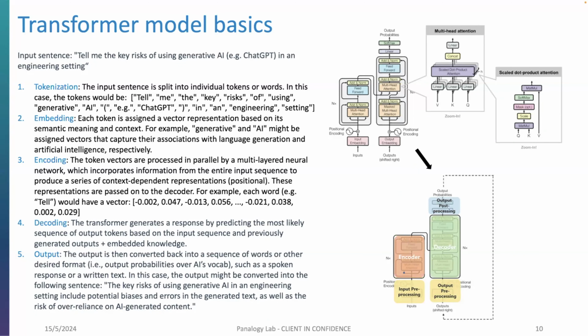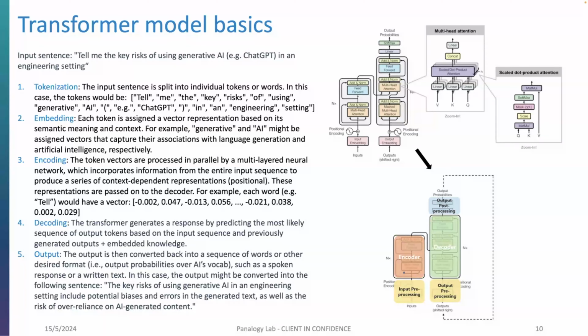And then we pass that over to the decoding step, which is basically just generating this response: what's the most likely or highest predicted sequence of tokens to follow the input tokens that you just gave me? In the output step, if you've had a conversation going already, I might refer back to what we've already talked about, or if there's nothing in the conversation before that, I just refer to my base knowledge, my embedded knowledge: what I've learned from the web and how I should respond based on the prompt.